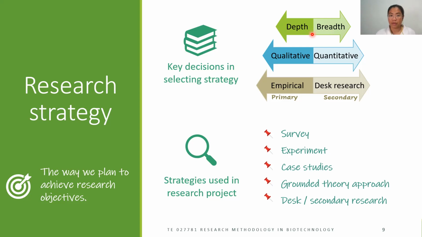Knowing what you want really helps in selecting the strategies. Another thing that you have to think about when selecting strategies is whether you want your work to be qualitative or quantitative.